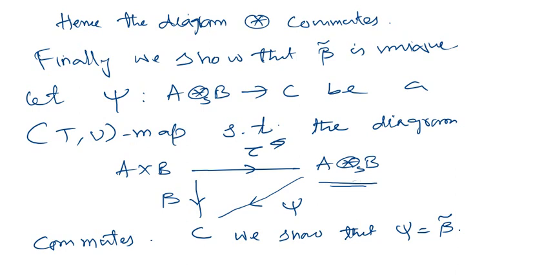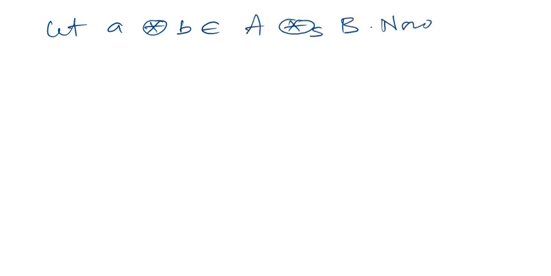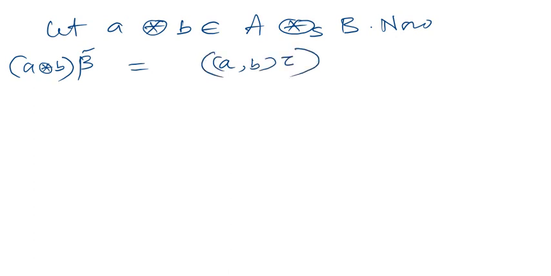So let's take any element in A tensor B over S. Now let's see this beta tilde of A tensor B. What is this A tensor B actually? It's the tau class of AB.